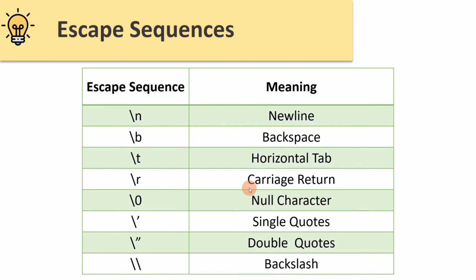Then we have carriage return. We represent carriage return using \r. Carriage return will move your cursor to the beginning of the current line. Then we have the null character, which is represented by \0. In Python, we do not use null characters that much, but it is used in programming languages like C and C++, where we use the null character to represent the end of a string.